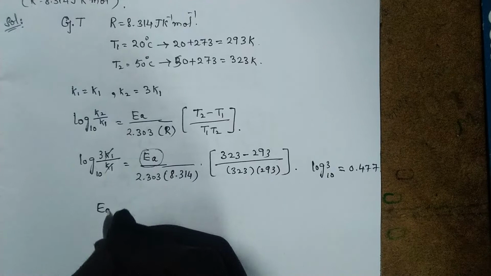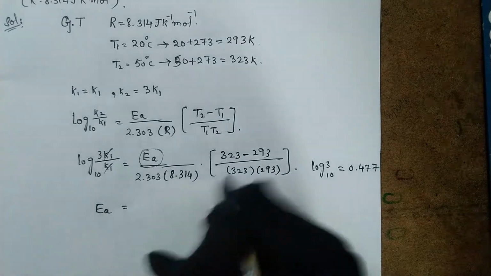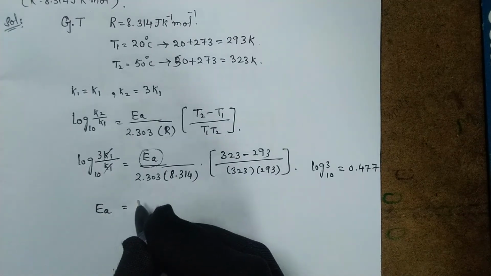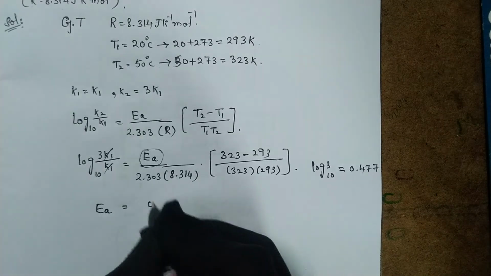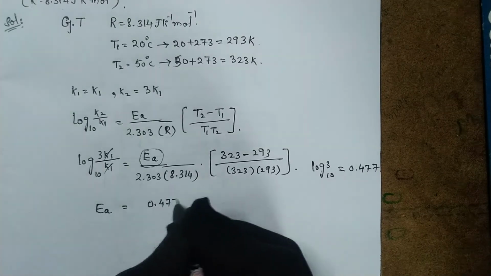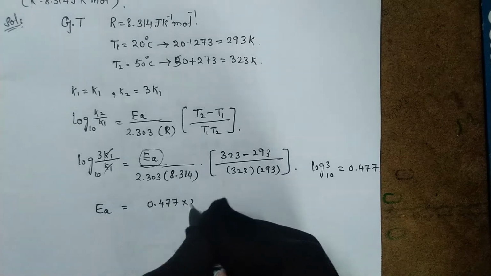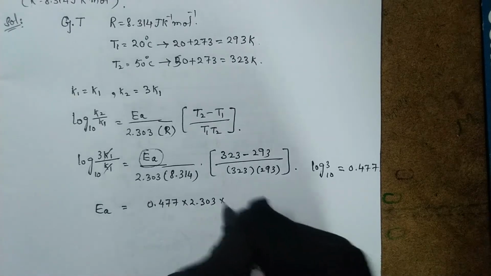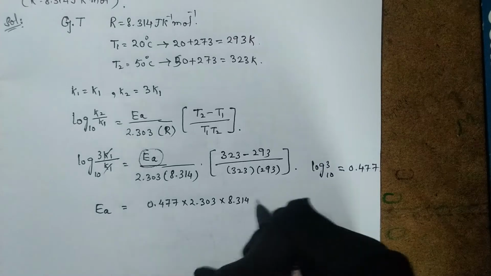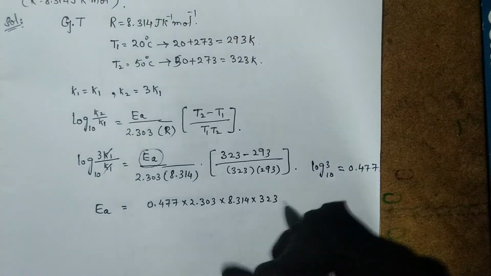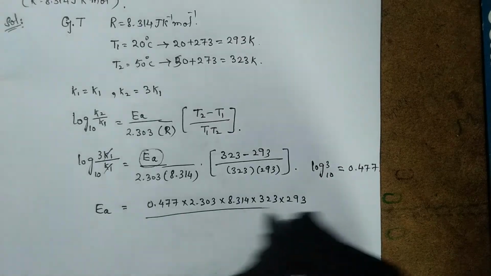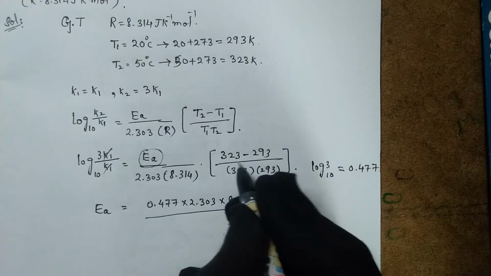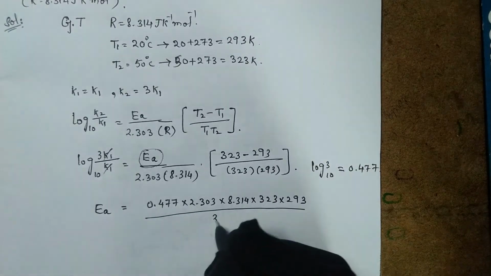Sending all values to the other side, EA is equal to 0.477 into 2.303 into 8.314 into 323 into 293, divided by 323 minus 293, which is equal to 30.